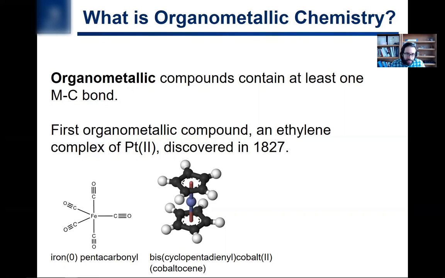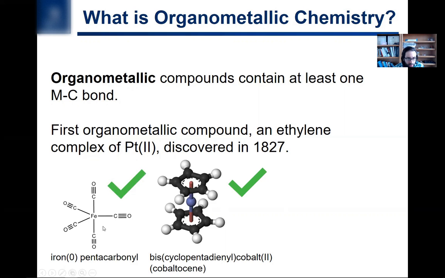So even in the 19th century, people knew that they were making compounds with mixtures of carbon and metals, and that these had unique properties. They were starting to come up with the idea that there's probably something special with these, honing in on metal-carbon bonds even way back then.